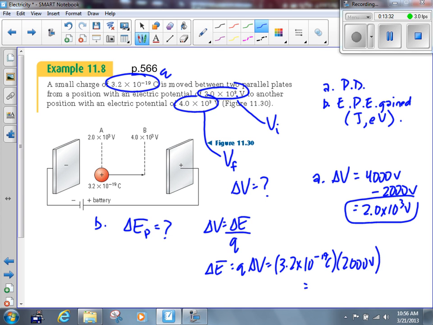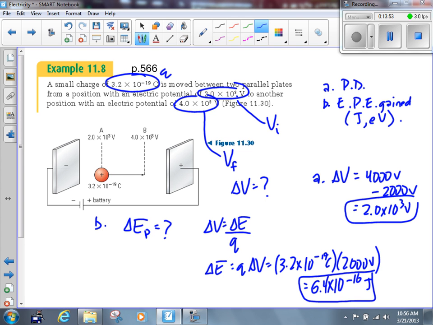We multiply those together, we end up getting 6.4 times 10 to the minus 16, I think. 6.4 times 10 to the minus 16. What would the units for that be? Joules, right. When we use standard units in an equation, we get standard units out of it. When we're using coulombs and volts, we're going to get joules.